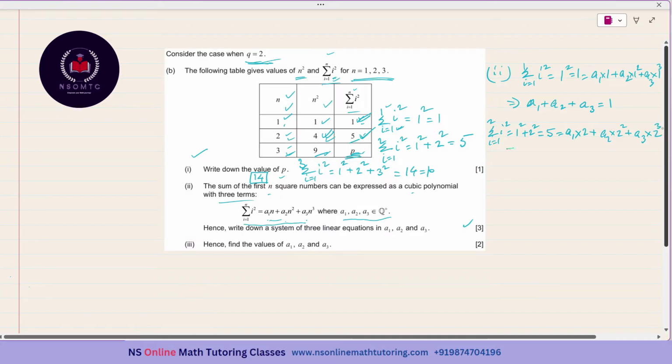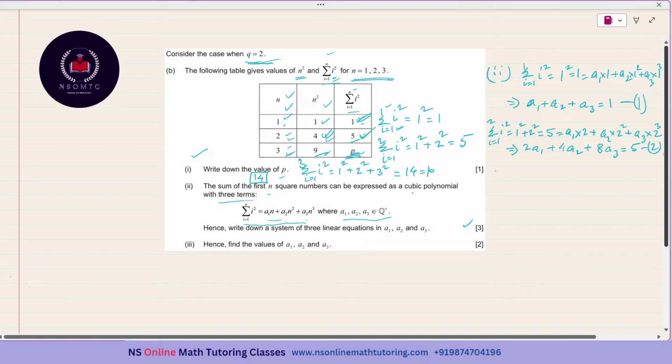So 2a1 plus 2 square is 4, so plus 4a2, plus 2 cube is 8, so plus 8a3 is equal to 5. This is the second equation. This is 1, this is 2.